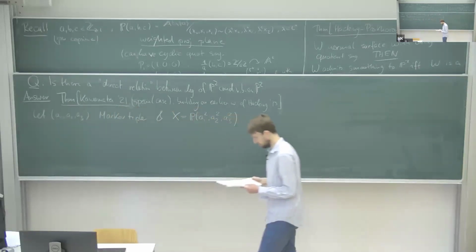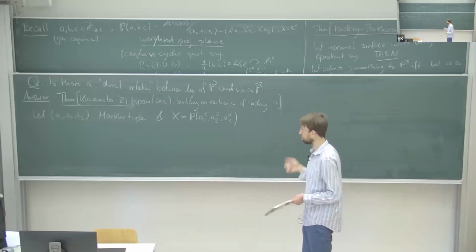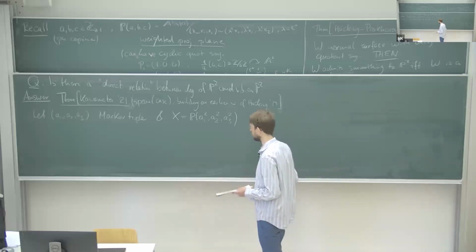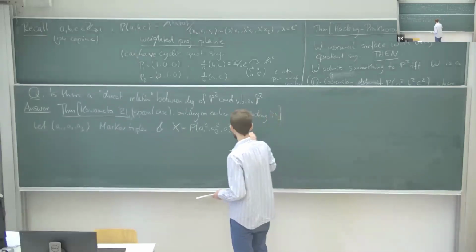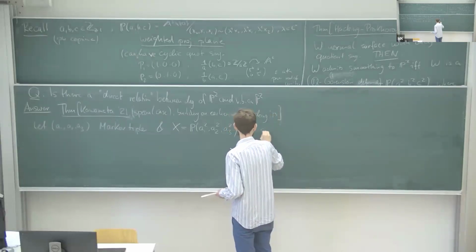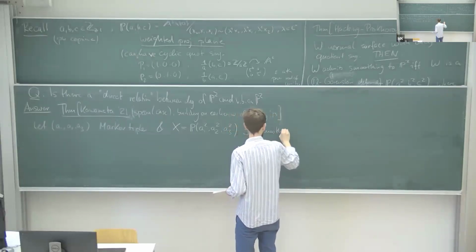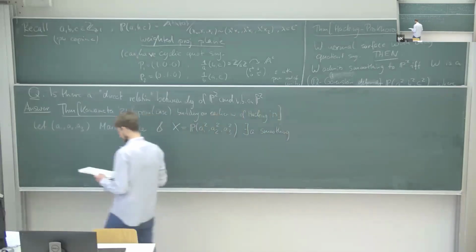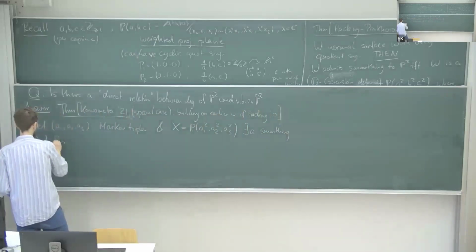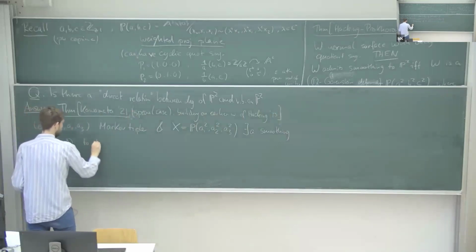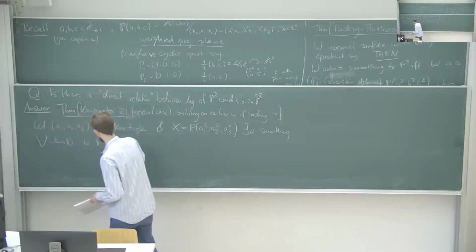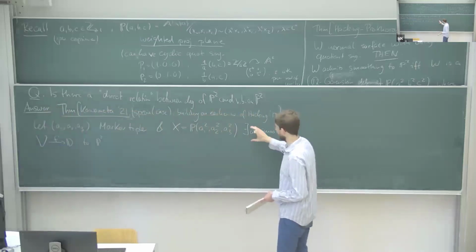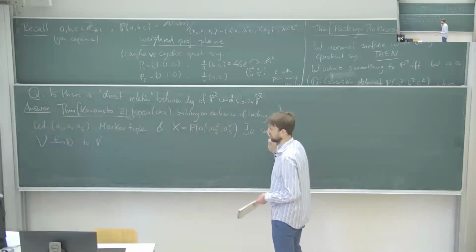So now we know that this X admits a smoothing to P2. This is the result of Hacking-Prokhorov that's up here. So the statement is that there exists a smoothing to P2. It's a bit subtle, as far as I understand.